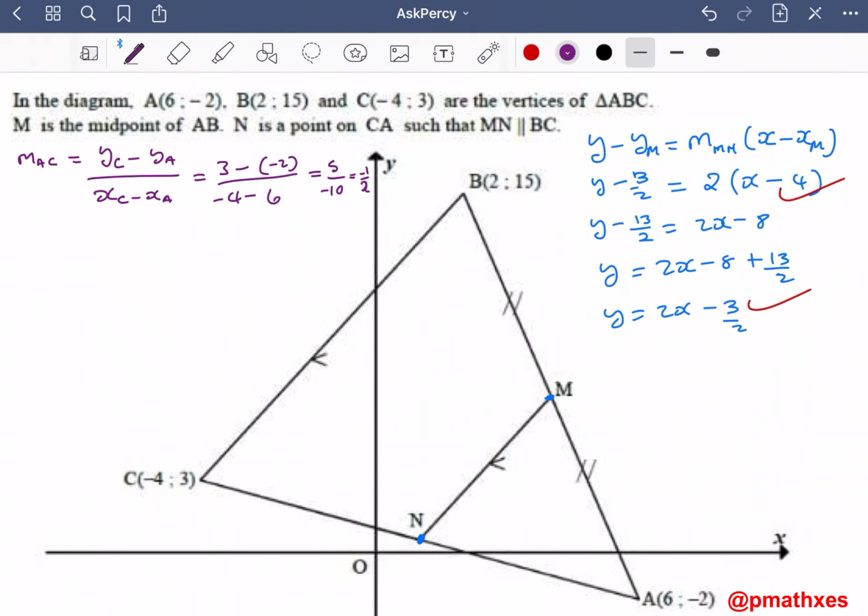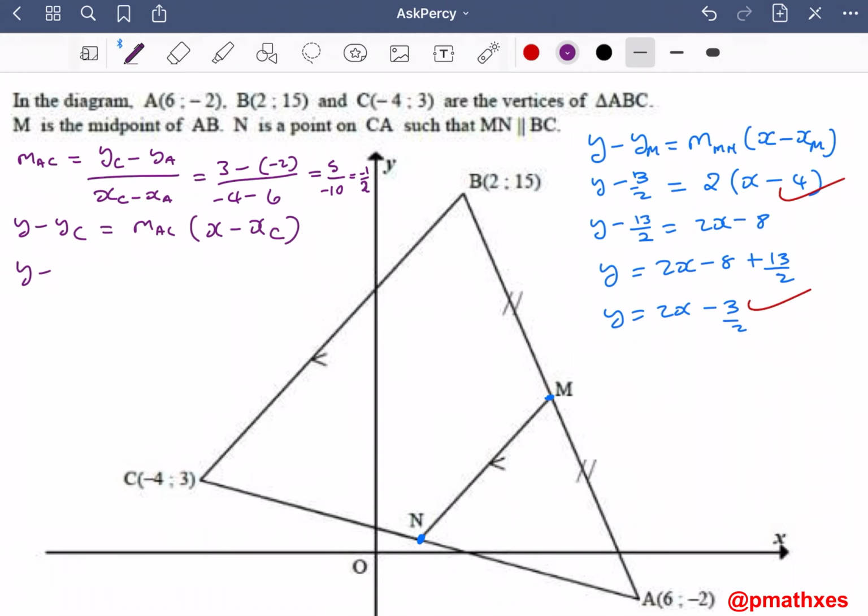In this case, you have y minus, I'm taking C, I want you to take A. So you take A, I take C, okay?